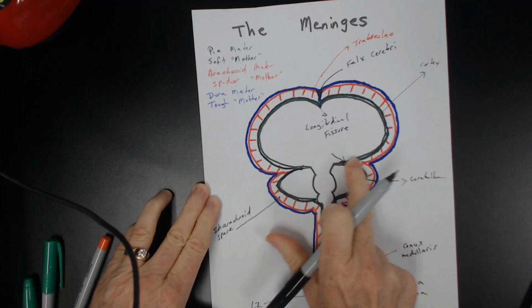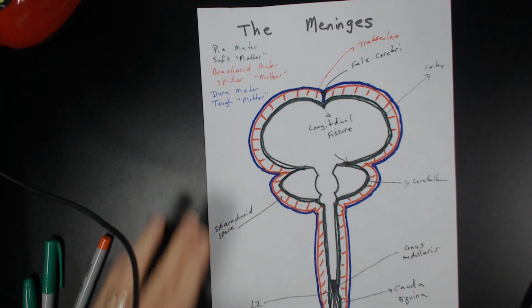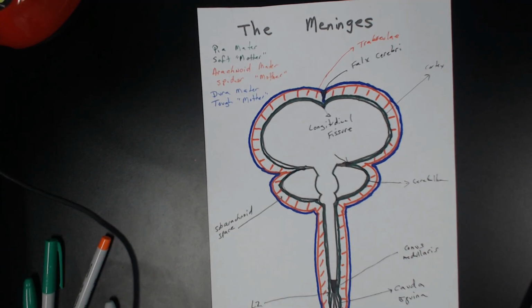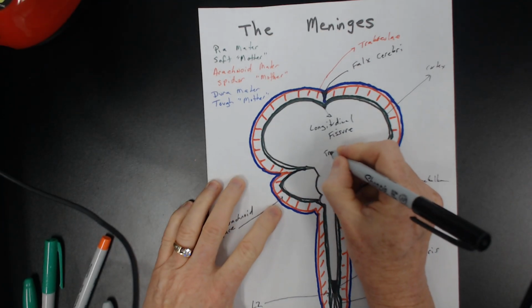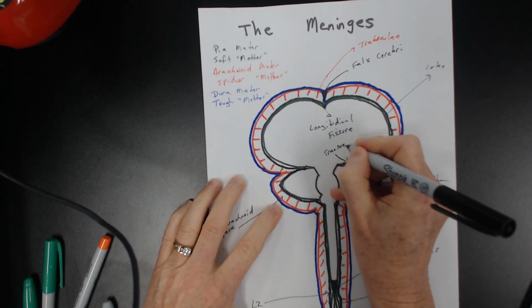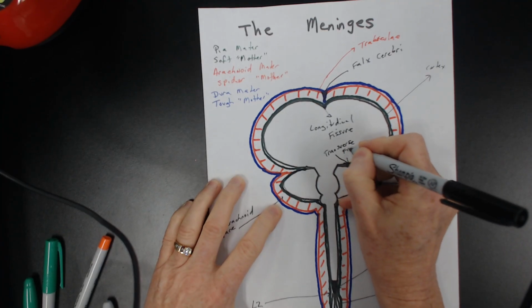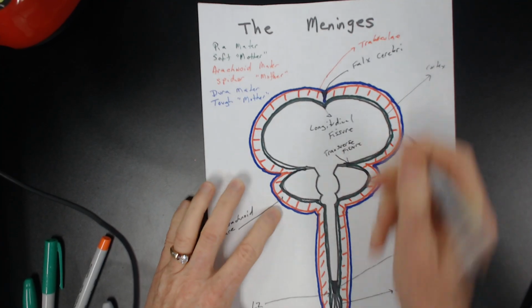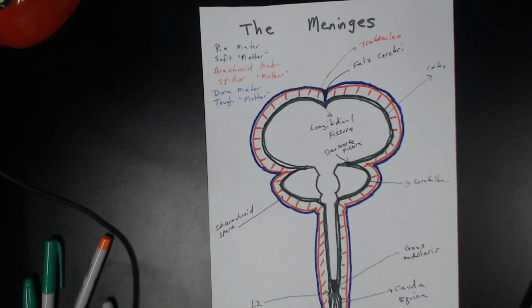Does everybody see that invagination right there? That has a special name. That's called your transverse fissure. T-R-A-N-S-V-E-R-S-E. The transverse fissure is nothing more than that separation between the cortical region and the cerebellum.